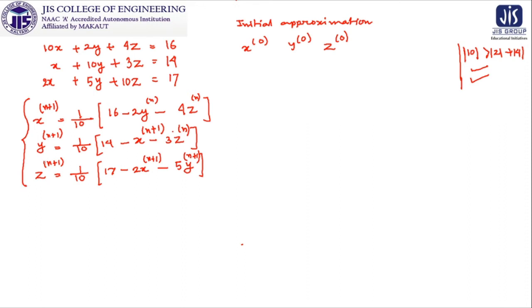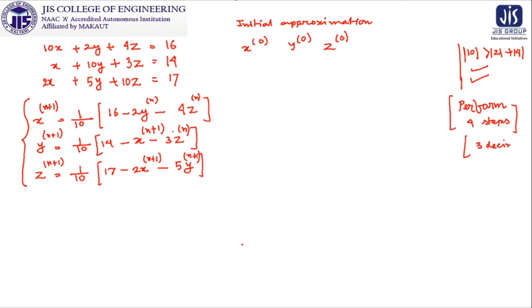Now only one thing is remaining: using the initial approximation we have to find the values, and as it is an iterative method, the number of steps may be mentioned in the question, for example perform 4 steps, or sometimes it is mentioned up to 3 decimal places.